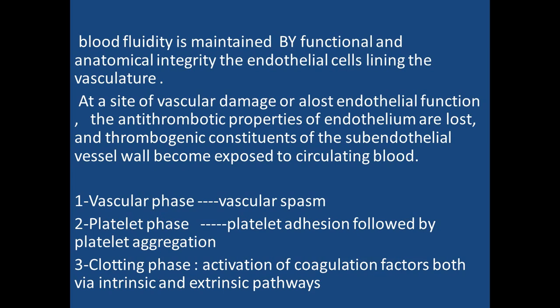It's not necessary to lose the endothelial system anatomically. This system might be dysfunctional because of toxic substances like tobacco, so it might be present anatomically, but functionally it's not functioning well. So when there is endothelial damage or endothelial function loss, there will be a thrombogenic response.